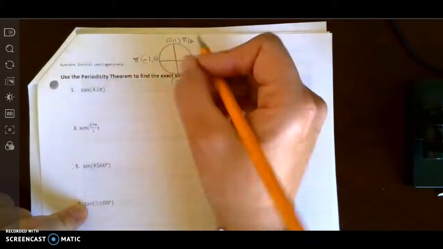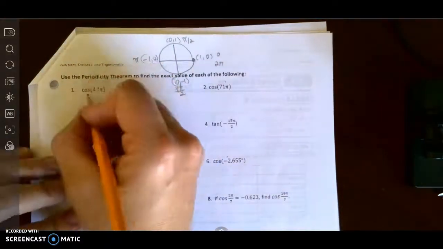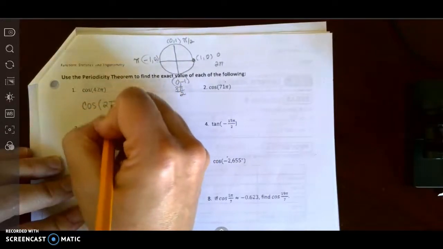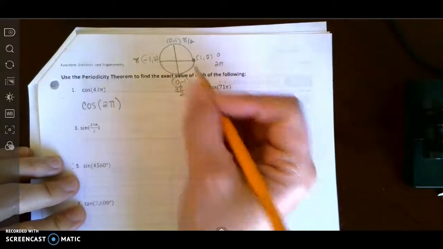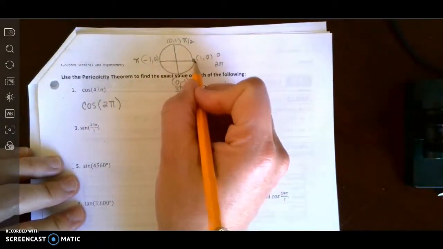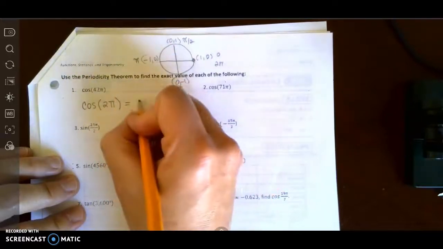So 42 pi is going to be right here, which means finding the cosine of 42 pi is the same as finding the cosine of 2 pi. Just means I've gone around the circle a bunch more, but I've still landed here. And my cosine right here, my x-coordinate, is 1.